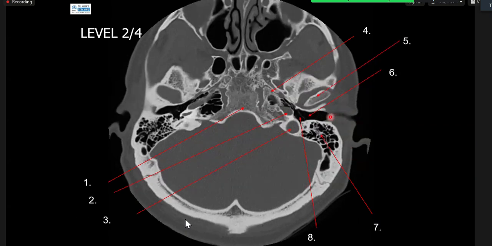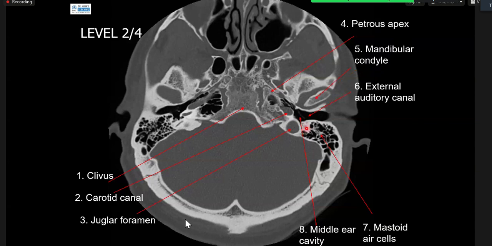Here we can see the external auditory canal, the middle ear cavity, mastoid cells, and of course, this is the clivus, and this is the petrous apex. Please remember that this part of anatomy, the clivus, is technically the sphenoid bone, and a portion of it is sphenoid, and a portion of it is occipital bone. But the petrous apex is sitting here.